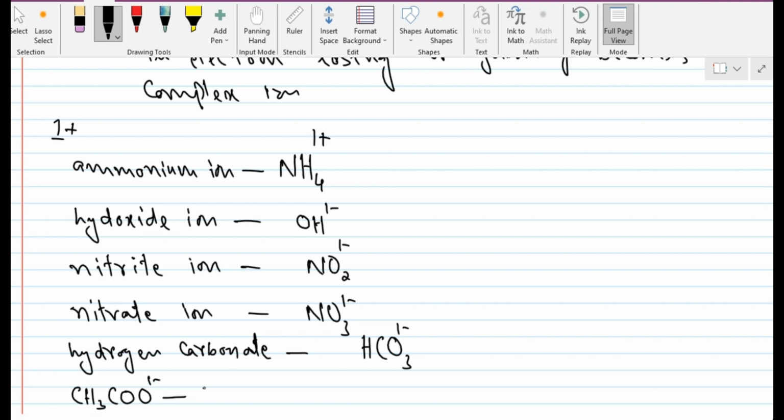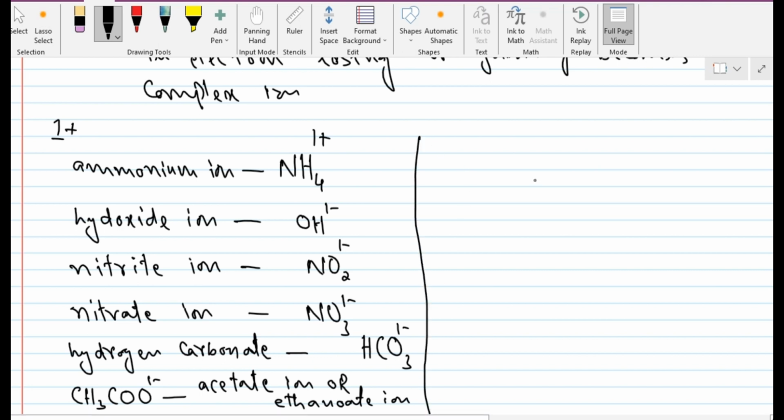The name is acetate ion, or sometimes also called ethanoate ion. These are the complex ions with 1 negative charge.